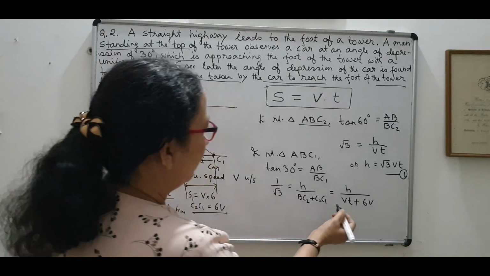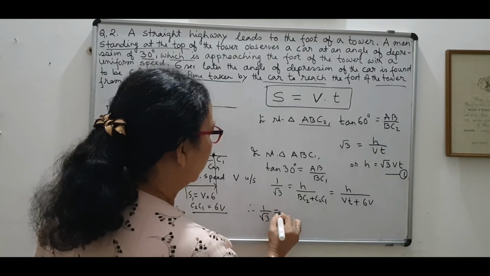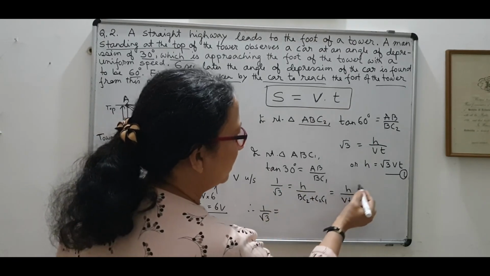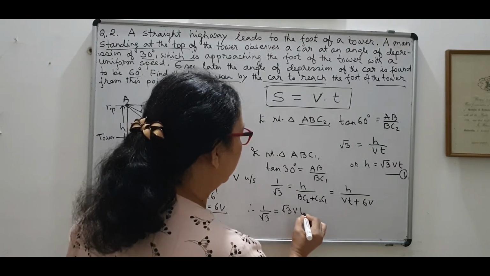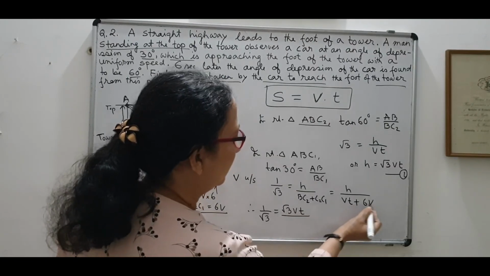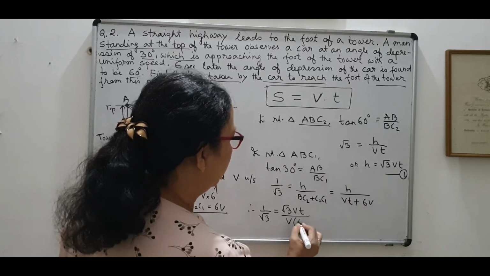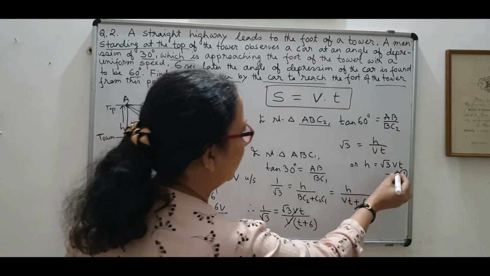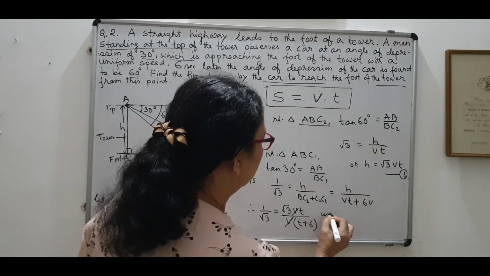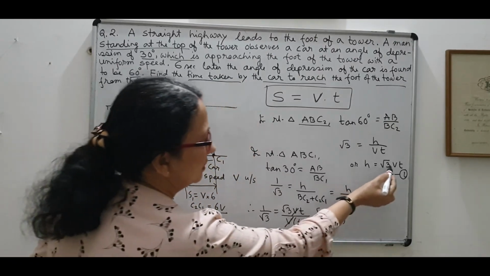Okay, and then what will I do? So 1 by root 3 is equal to, now this h can be replaced by this root 3 v t. Let me write root 3 v into t upon, here I take v common, so it is t plus 6. So v gets cancelled. Using equation 1 here, I have replaced h by this.